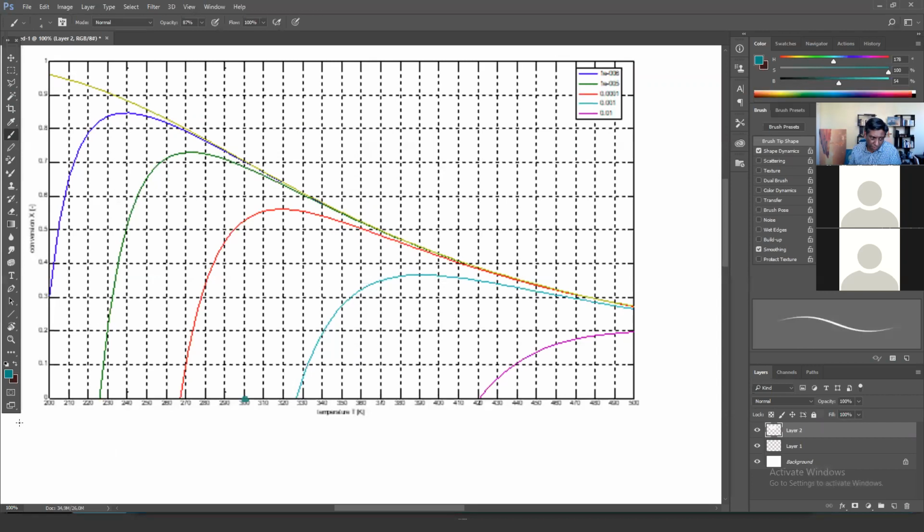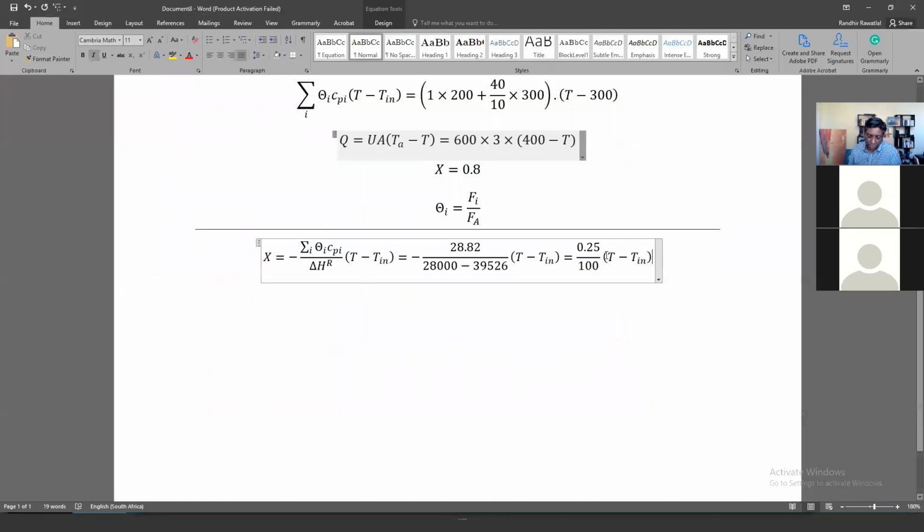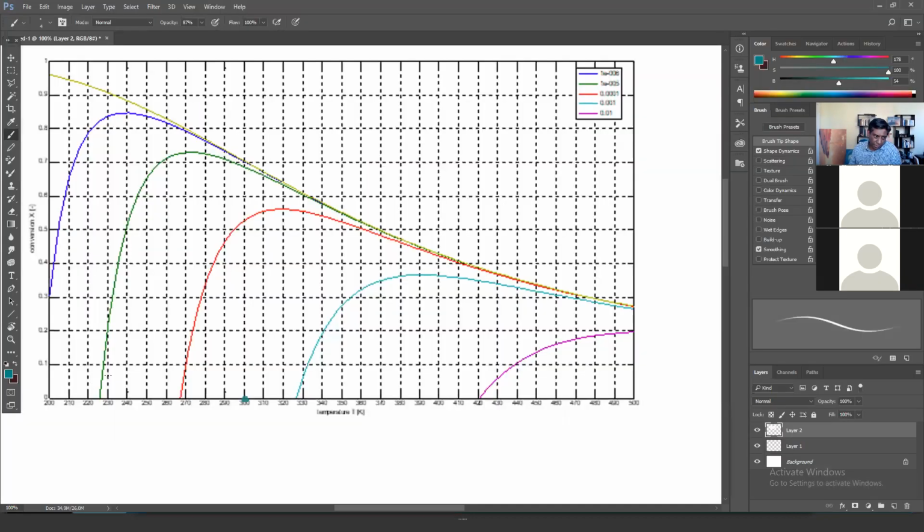So we've got 300 here when X equals 0. And then we've got a gradient of 0.25 per 100. We can read this as X is 0.25 when T increases by 100. So this is 200. Here's 300. So we can say that's a point here.